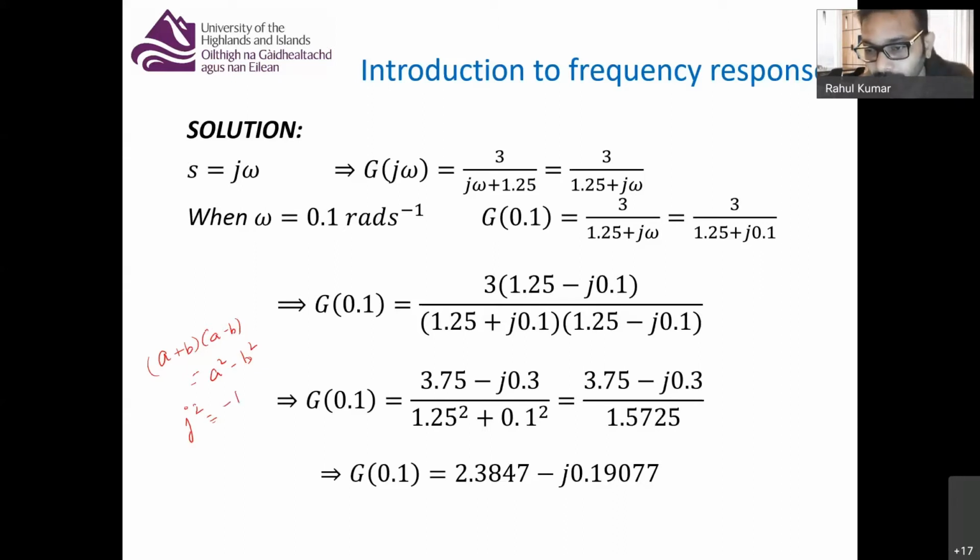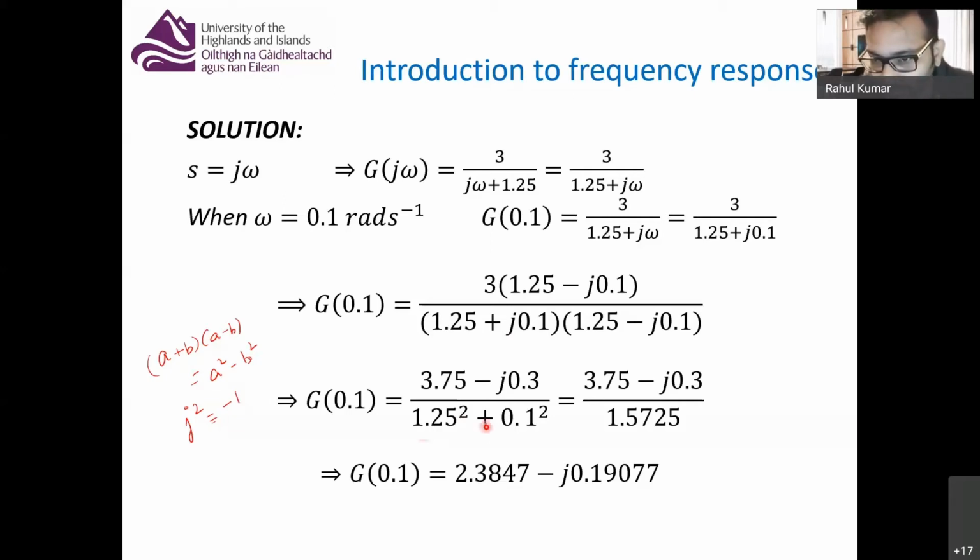So if we do the calculation, in the denominator we'll get 1.25 square, and since you have a j here, even if it is minus, j square will become minus 1, so ultimately you will get plus.